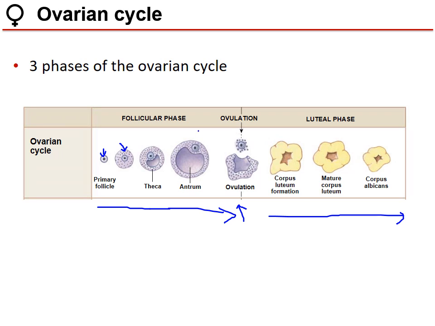And then by the time the follicle has matured into a tertiary follicle, it contains a secondary oocyte.